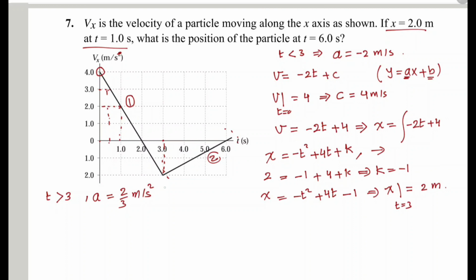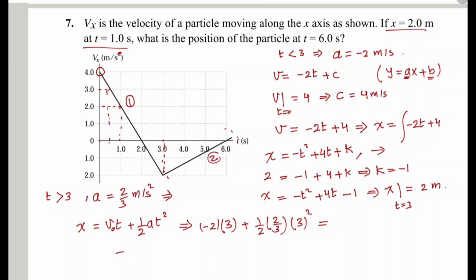Now in this case, the position x equal to v naught t plus half a t squared. You substitute numbers here, you will find minus 2 times 3 plus half 2 over 3 times the time given, 3 squared.